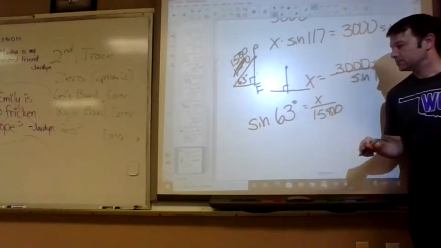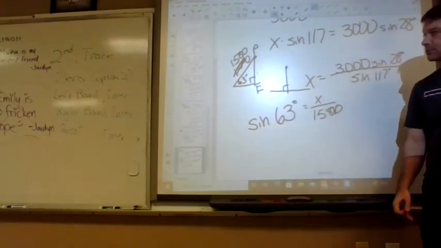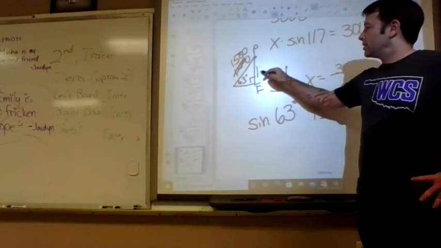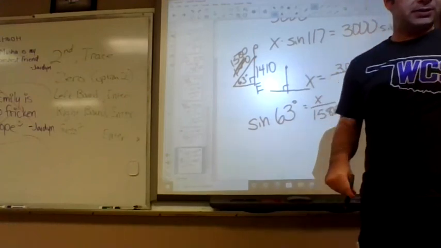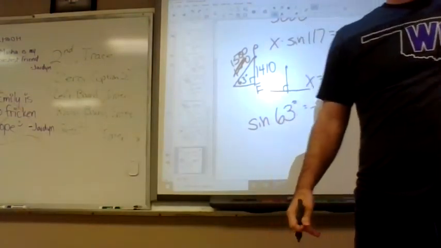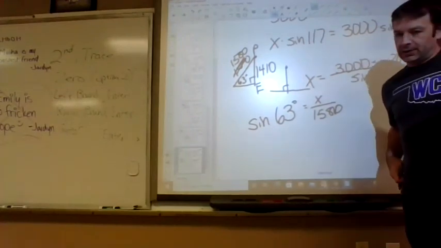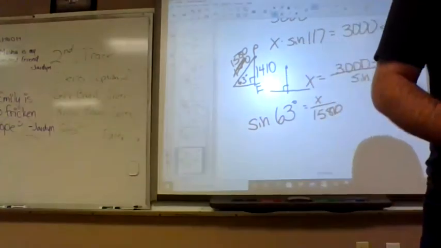Multiply 1580 times sine of 63. 1407. Okay, so they probably put 1410 with 3 significant digits. Yes, they did. It's the distance from E to P, the closest it will come.